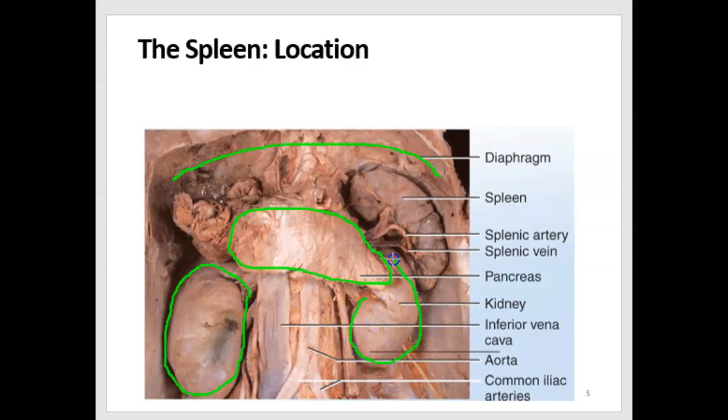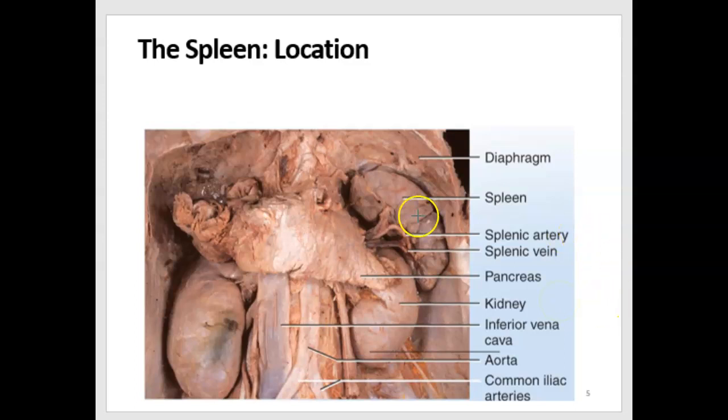The two kidneys are here. And this is the aorta, and here's the inferior vena cava. Notice how the inferior vena cava is wider in diameter than the aorta is. That's exactly what we talked about concerning arteries and veins, that veins are capacitance vessels because their diameter is wider.